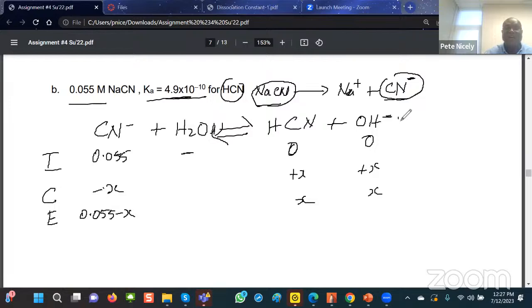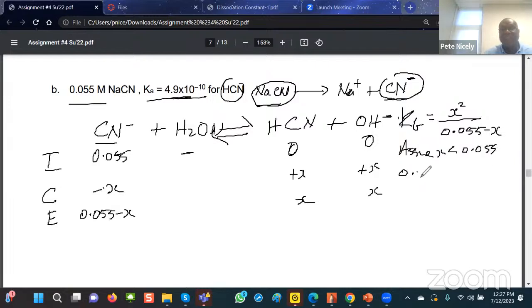So what we're going to do now is write down the Kb expression, because remember now, the cyanide is acting as a base. Kb is going to be equal to basically X squared divided by 0.055 minus X, which again, we're going to assume in this case that X is less than 0.055, which means that 0.055 minus X is approximately 0.055, all right?